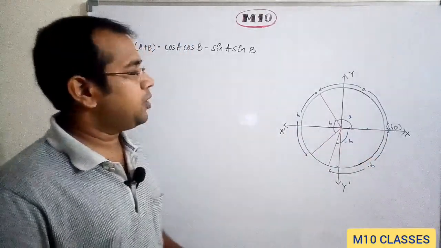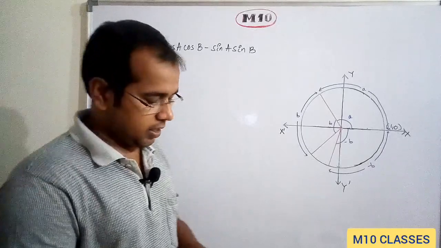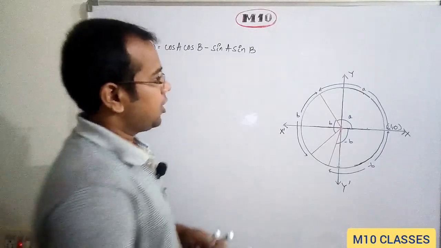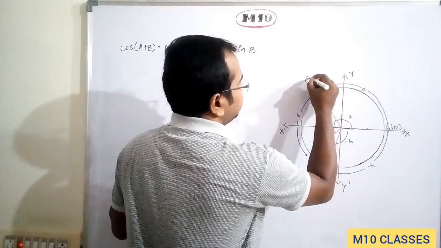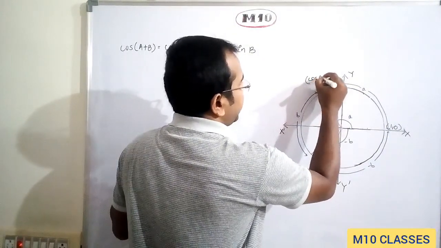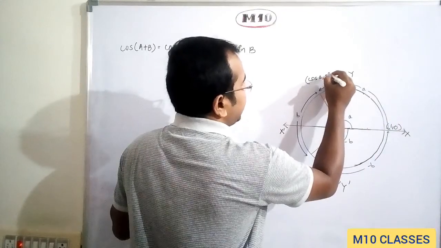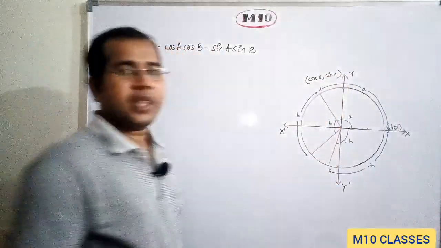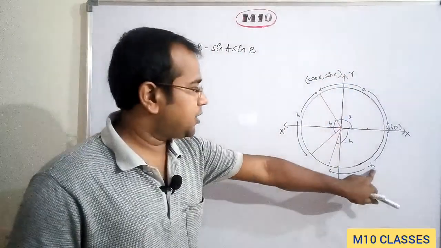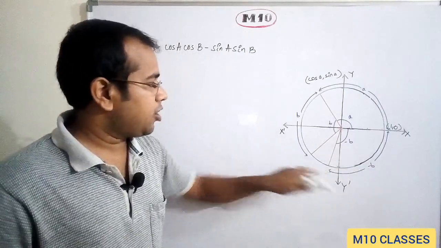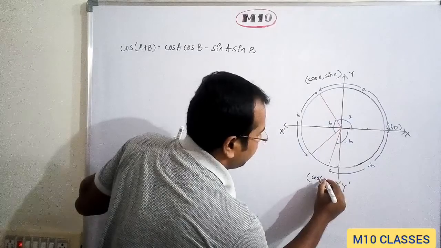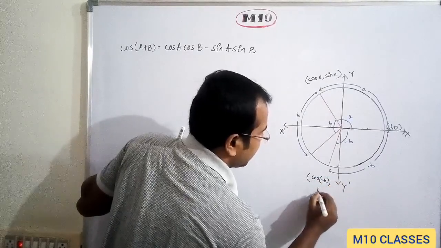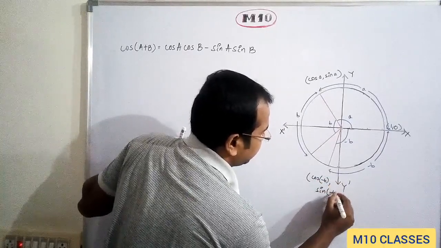So what would be the coordinates of the point? Now let us see here. For this a, this coordinate would be cos a and sin a. Similarly, for this minus b, the coordinate of this point will be cos of minus b and sin of minus b.